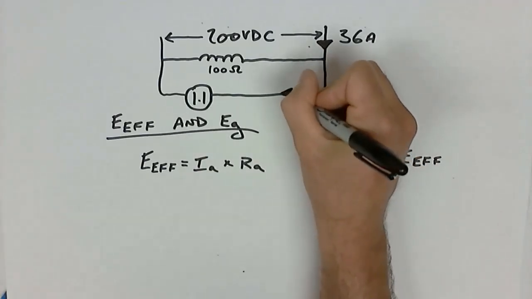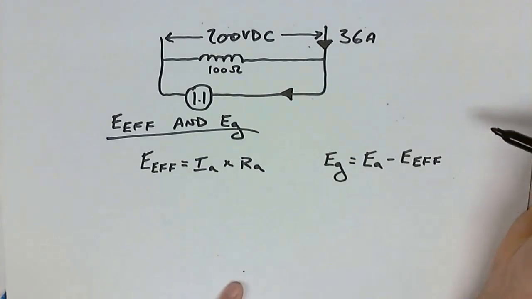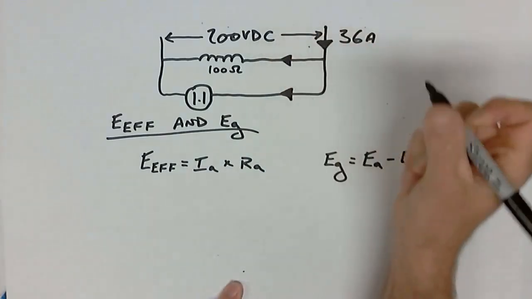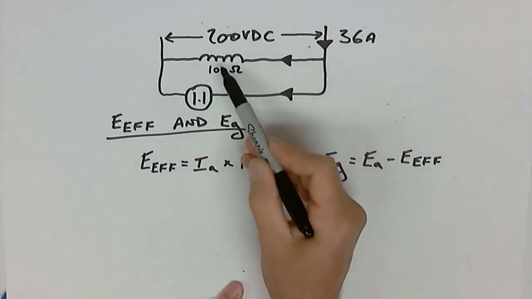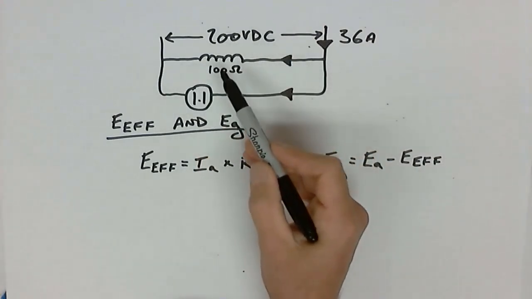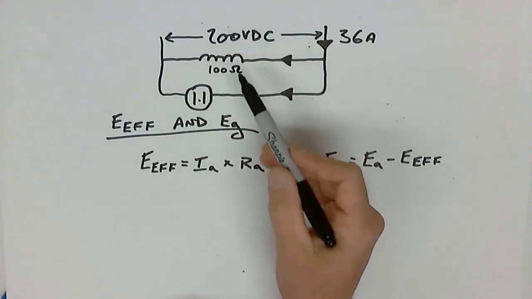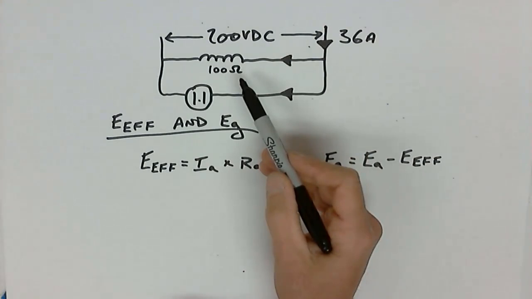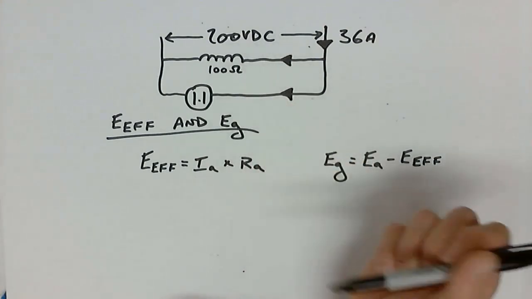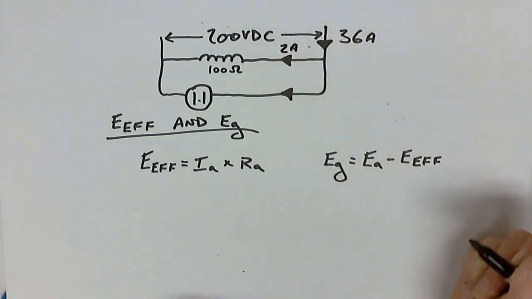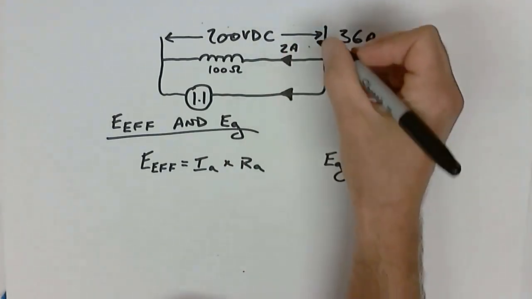And in order to answer that, we need to know how much current is flowing in the shunt winding. Well, the current in the shunt winding would be dictated by the voltage across the shunt winding and the resistance of the shunt winding. So 200 and 100 ohms. Using Ohm's law, 200 divided by 100 would give me 2 amps. 36 and 2.